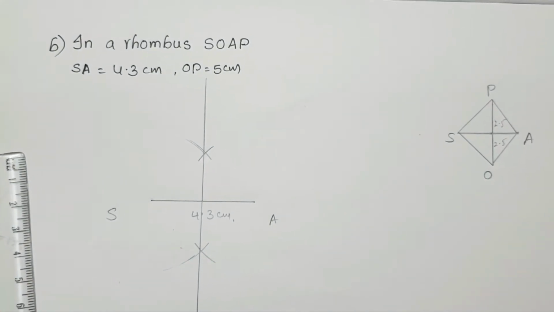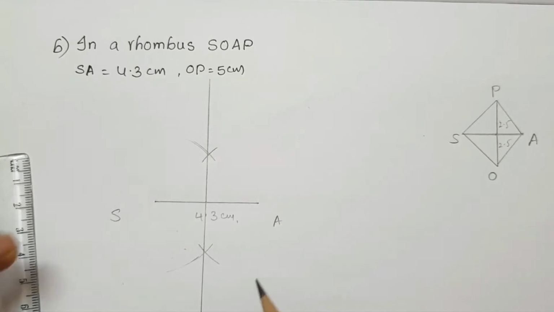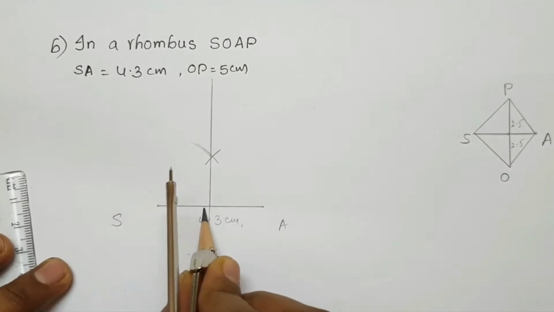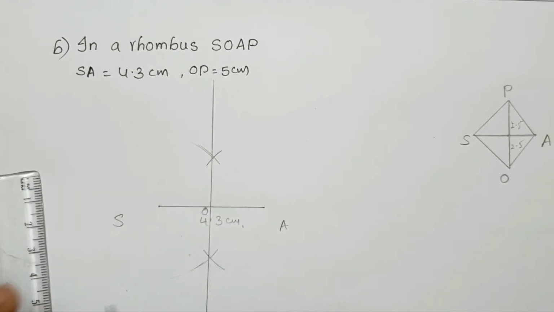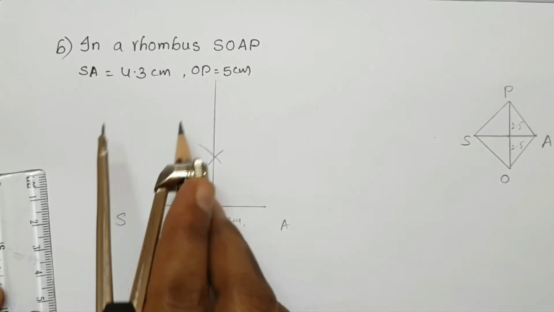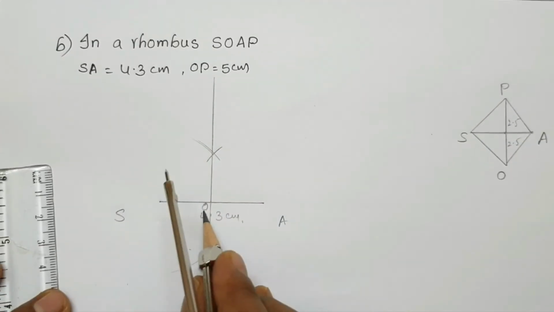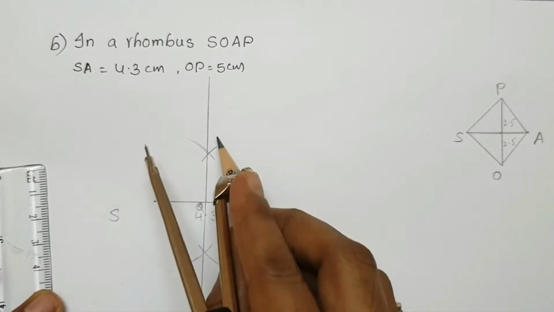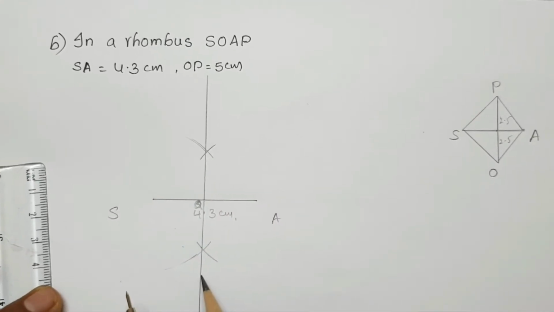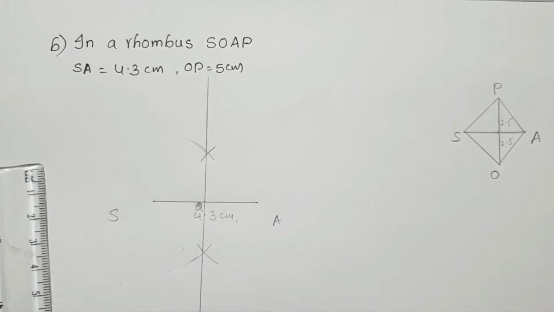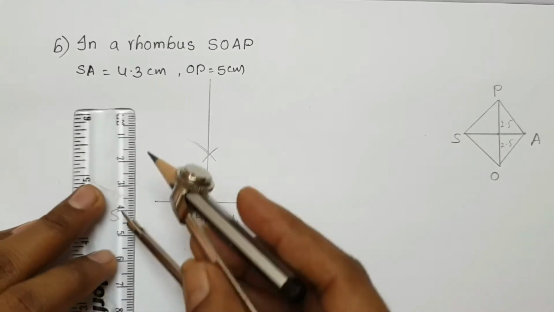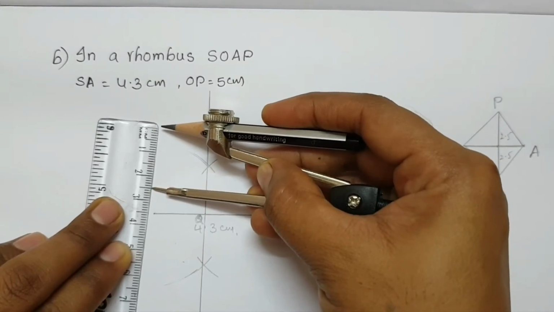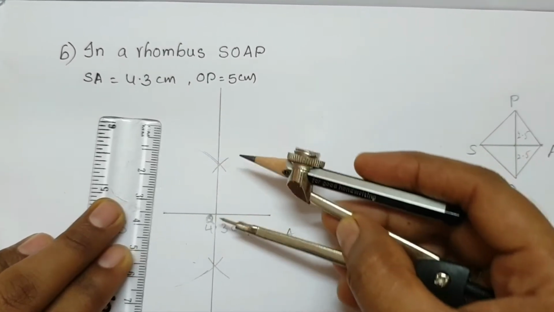Next, the point where it intersects SA on the perpendicular bisector, take as O. Next, OP. Here O is already used, so take another letter, Q, as the center point. OP measures 5 centimeters, half is 2.5.